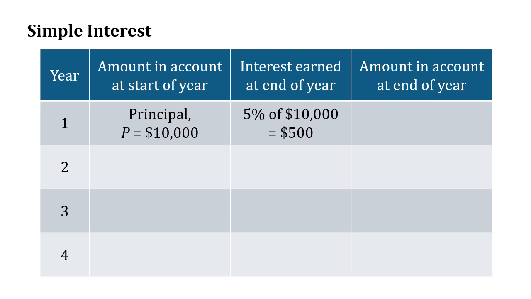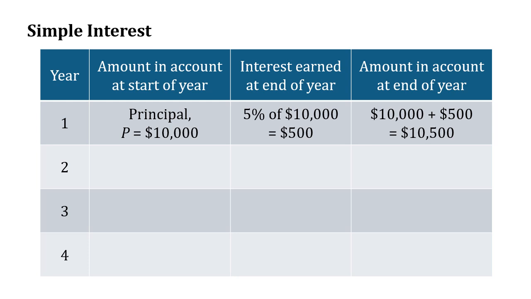At the end of the year, supposing it earns 5% interest, the interest earned is $500, 5% of the principal amount. Totaling up at the end of the year, principal plus the interest earned, we have $10,500 at the end of the year.